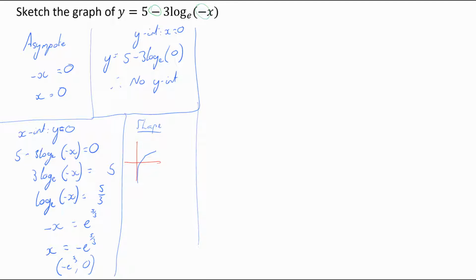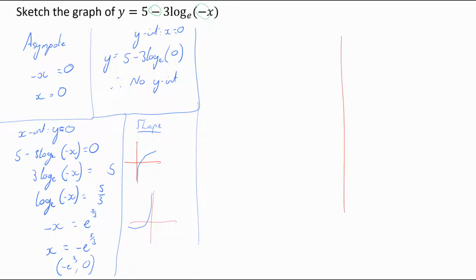And a negative sign on the x term specifically also represents a reflection in the y-axis. So this has been flipped twice, once from top to bottom and once from left to right, which gives it a very different shape. If we flip just from top to bottom, we would find a shape that looks something like this. But then once you flip it from left to right as well, you're looking at something more like this. So that's the shape that we're going to use for our graph.